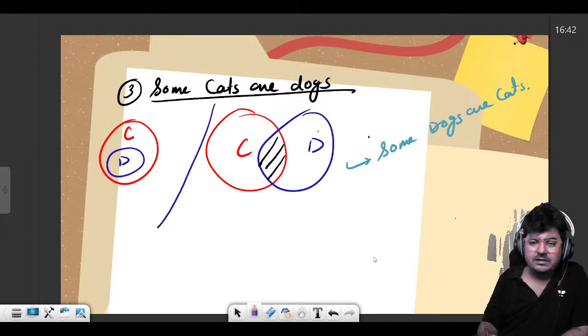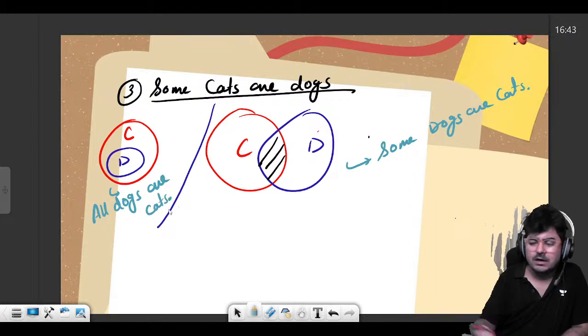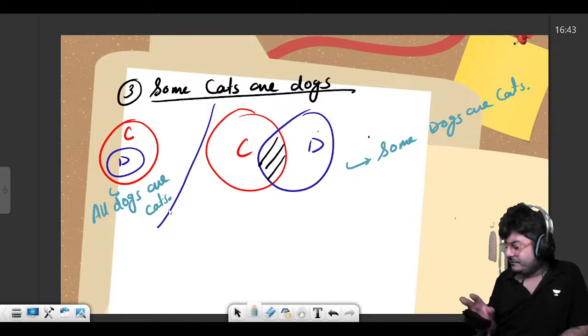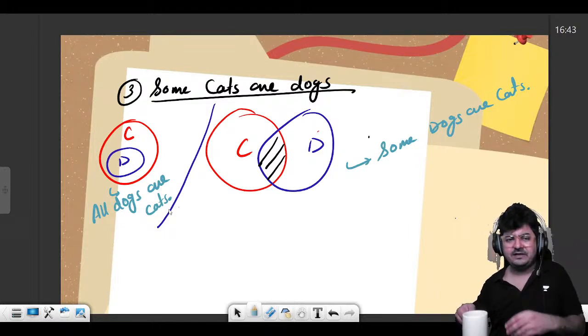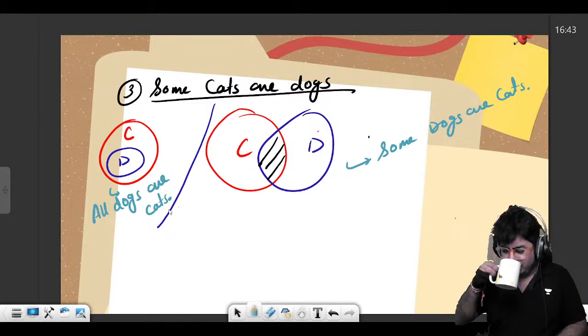But obviously here the interpretation will become all dogs are cats. So depending on the statement, depending on the situation, we will draw our Venn diagram. It is not like a fixed key every time we will draw like this. It will depend on the statement.